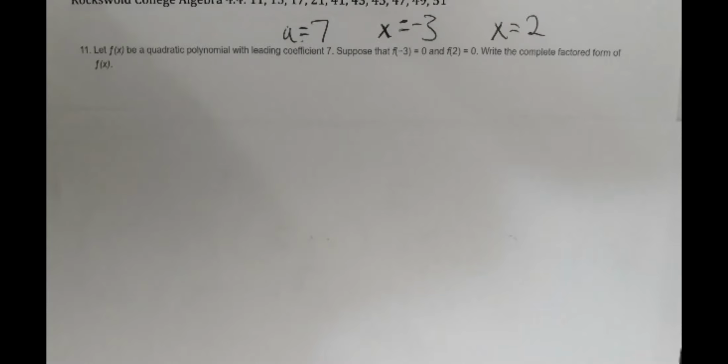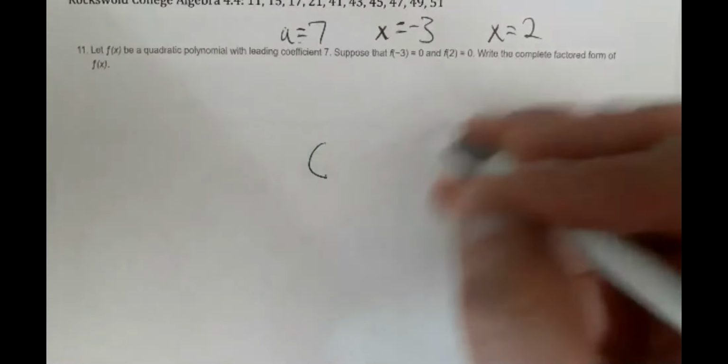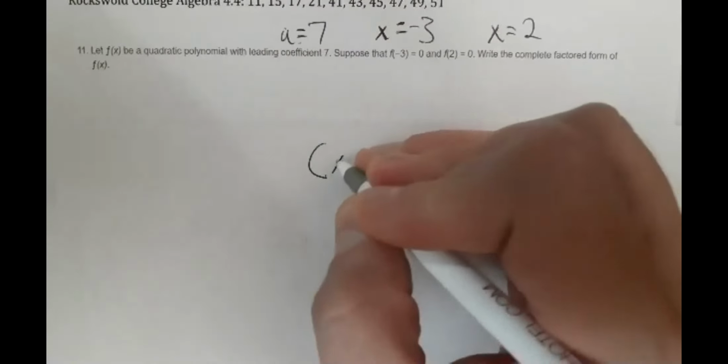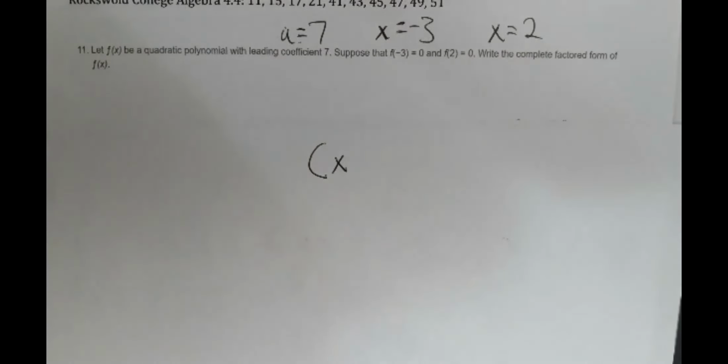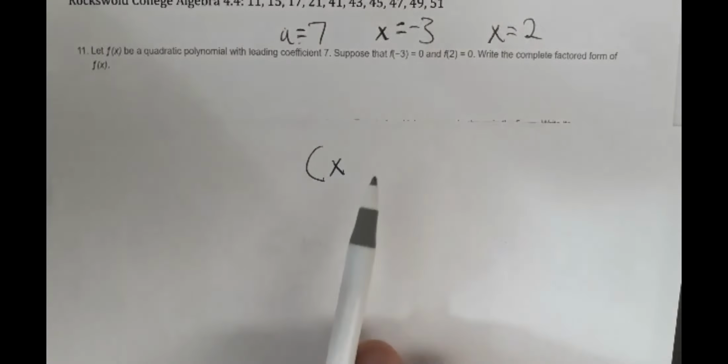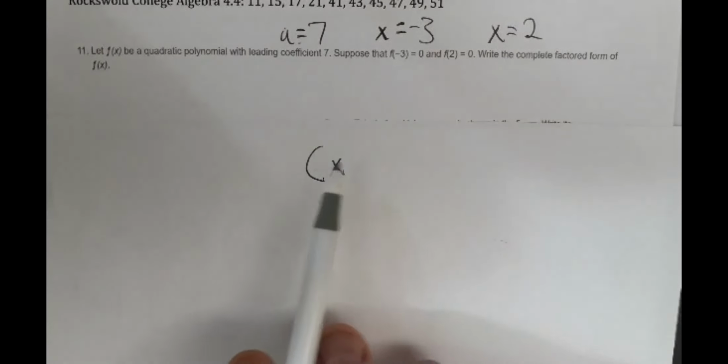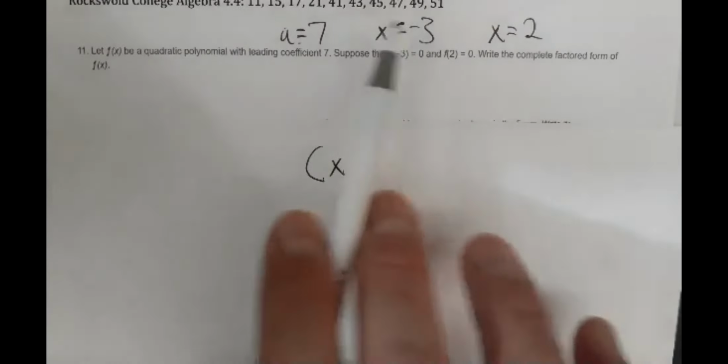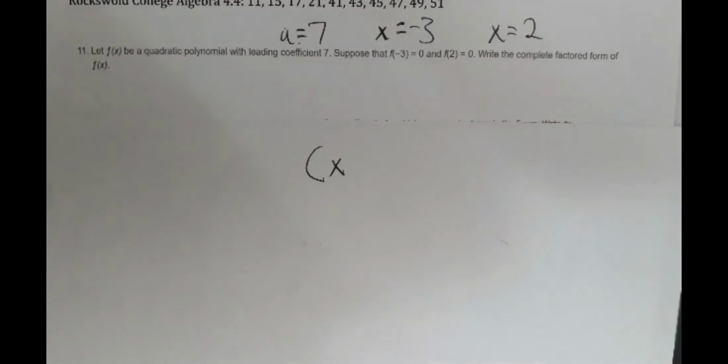So if I want to get the factor, what does the factor of this thing look like? X -3, X + 2. Oh, parentheses, of course. X -3, X + 2. So if the 0 is at -3, the factor is going to look like what? How does this differ from this?